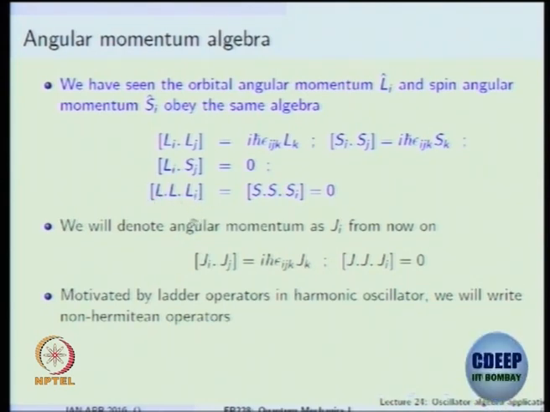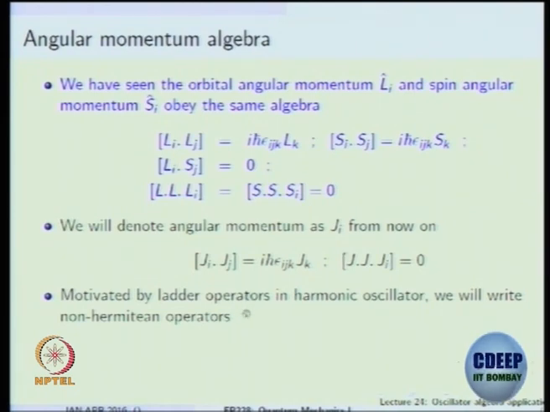We are taking Z to be the component for convenience and universally following whatever books are doing. And similarly, you can have simultaneous eigenstates of S squared and Sz. Instead of talking about whether we mean orbital angular momentum or spin angular momentum, we will compactly write angular momentum by a symbol J, and J will satisfy the same property, and we will write eigenstates of J squared and Jz to be the simultaneous eigenstates.